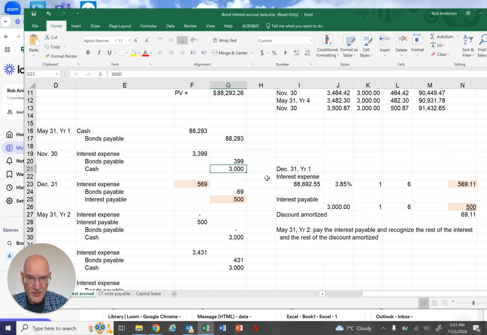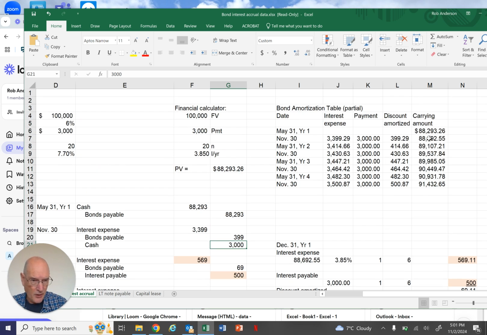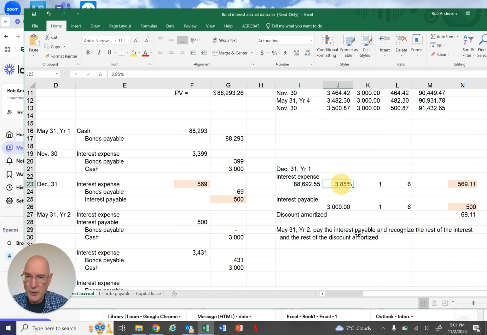So let's see how much that is. And this is the tricky part. I guess the first part's easy. We're going to take the carrying value, which is 88,692.55, and I keyed it in down here. We're going to multiply it by 3.85%. And remember, that is the interest rate for 6 months, not 12.